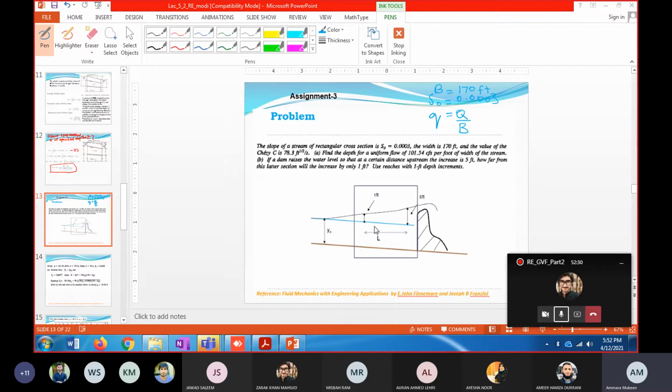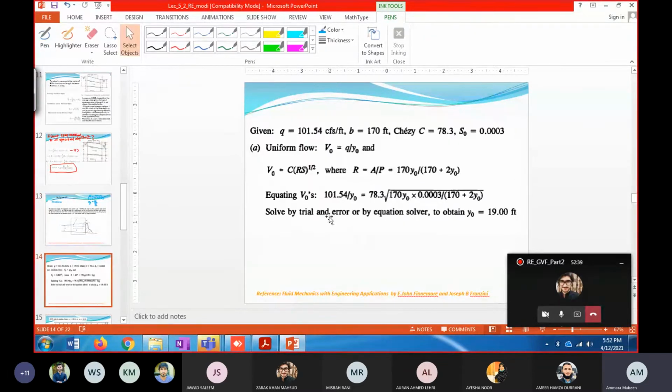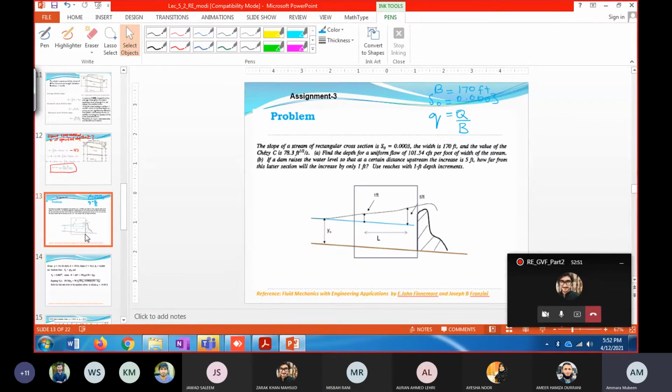So the first step is to calculate the normal depth. The normal depth is calculated here using Chezy's formula. So y naught is 19 feet. The rest of the steps you will be doing yourself as an assignment. Let me discuss those steps, and then we shall move forward.